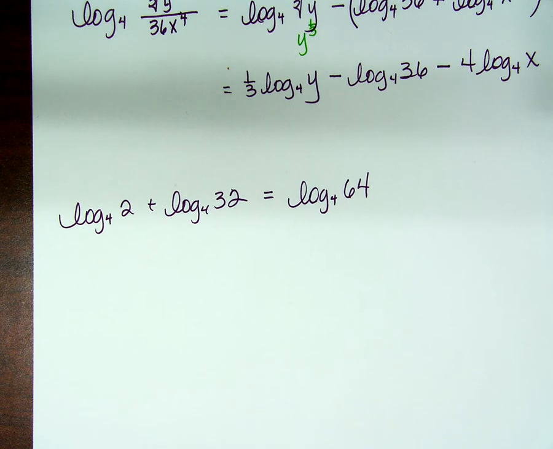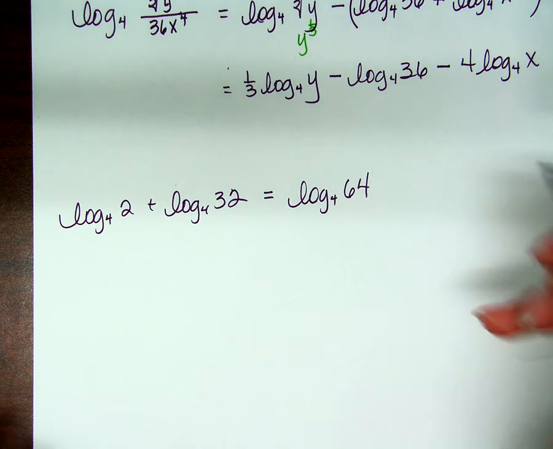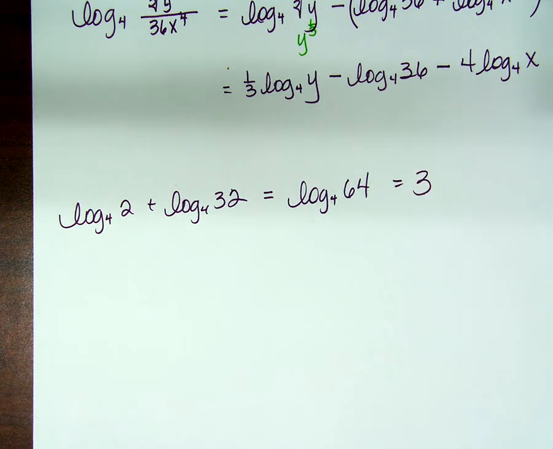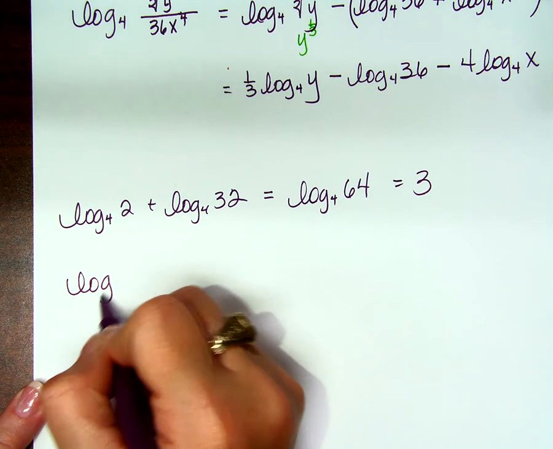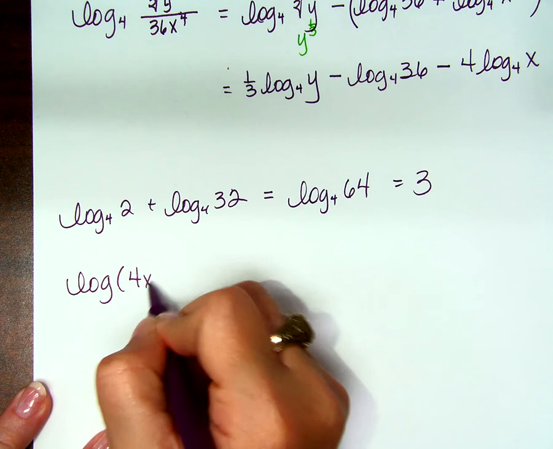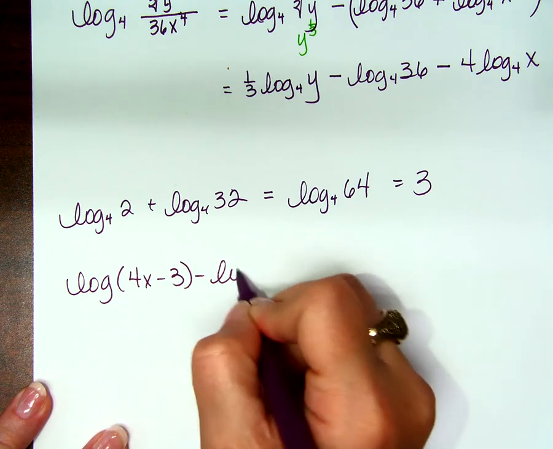It's 3, isn't it? If somebody said to you, what's log base 4 of 64? I don't know. But you could really quickly convert it to exponential form. 4 to what power equals 64? Oh, well, that's 3, right? So I'd want a 3 as my answer. Okay? Log 4x minus 3 minus log of x.